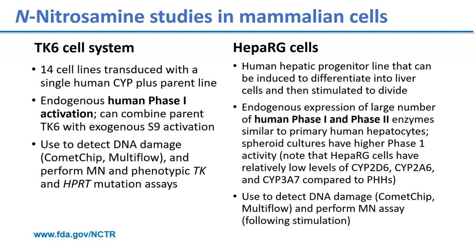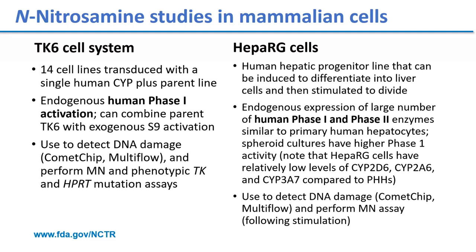On the right, the HepaRG is a human hepatic progenitor line that can differentiate into mature liver-like cells. And the differentiated cells then can be induced to divide, which is a useful property for evaluating some of the genotoxicity endpoints like micronucleus and gene mutation. As I indicated previously, these cells express a range of phase 1 and phase 2 enzymes, not unlike the human liver, but several of the CYPs are expressed at relatively low levels.